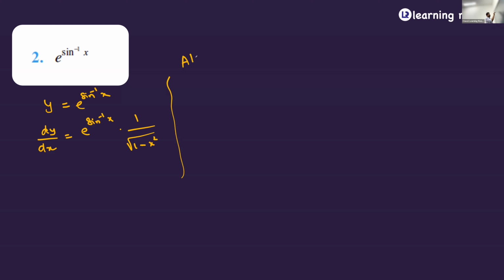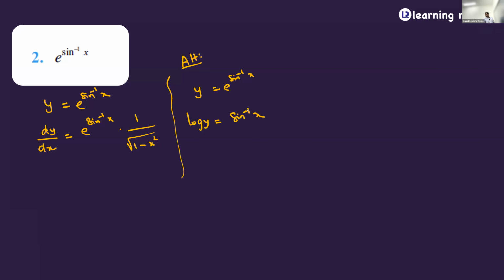So the alternate method, y is equal to e power sin inverse x. When you take log on both the sides, log y will be equal to, directly tell me what is going to happen. It is going to be log of e power sin inverse x base e. So directly tell me what will happen. It is sin inverse x.